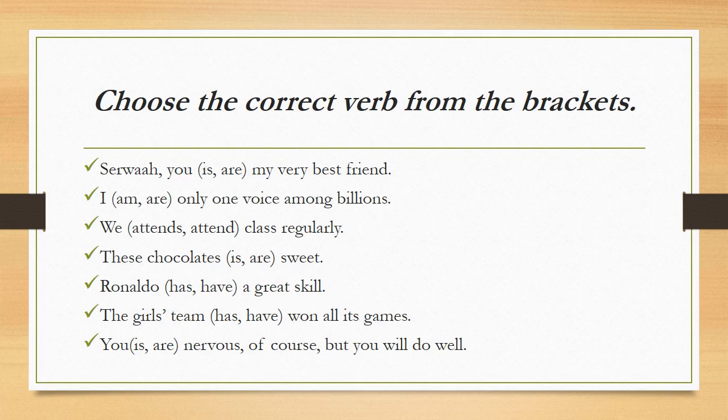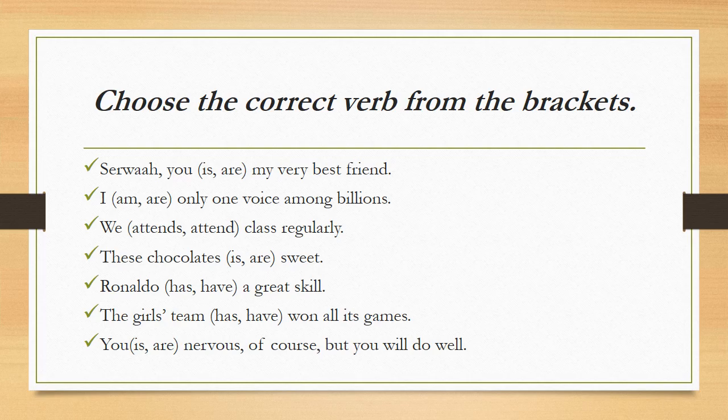So here you are with examples, in other words, some trial work. When you go home, I believe you should be able to find time to look at this before we meet next week. Number one, you (is, are) my best friend.